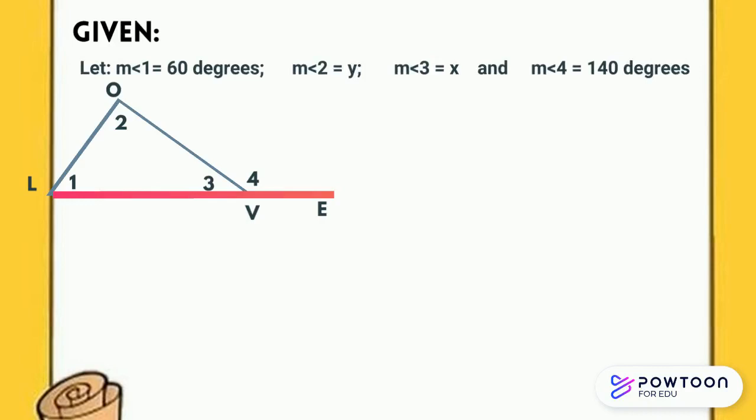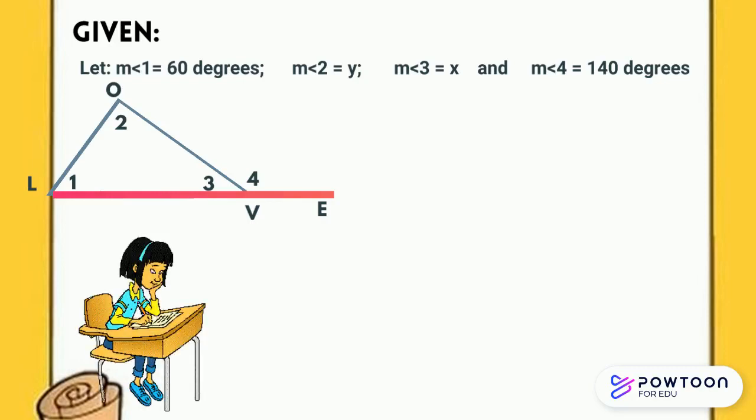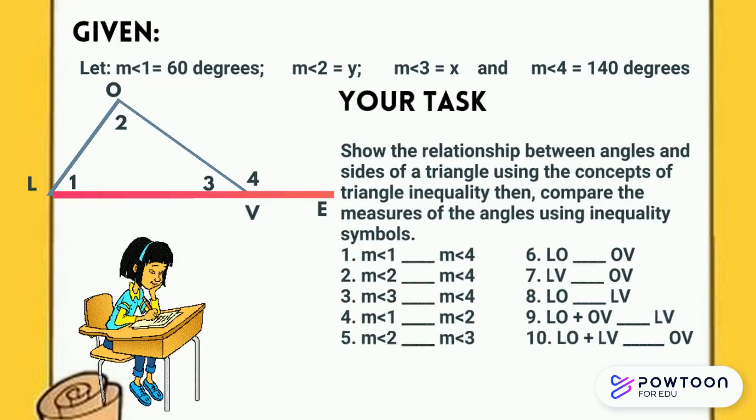The measure of angle 3 is equal to x. And the measure of angle 4 is equal to 140 degrees. Your task: show the relationship between angles and sides of a triangle using the concepts of triangle inequality, then compare the measures of the angles using inequality symbols.